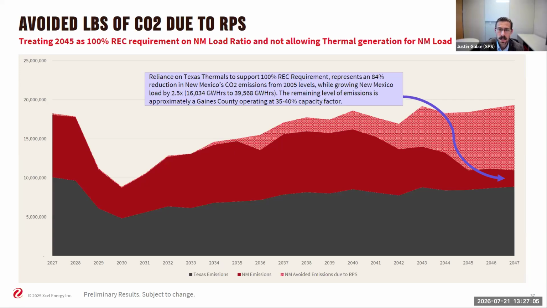So what I would say is that we are modeling the system on a system-wide basis. So it includes both Texas and New Mexico customers. And we've looked at other ways to model this, and I'm not saying that we have settled on a final path forward on modeling. But there's a number of renewable resources that are in both states.